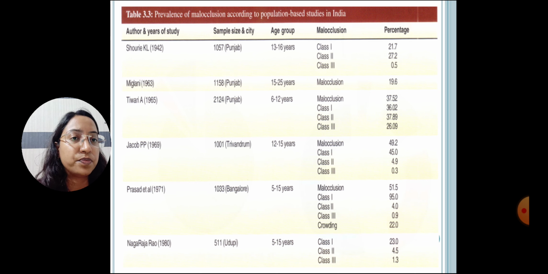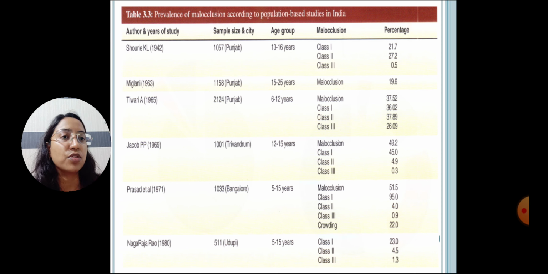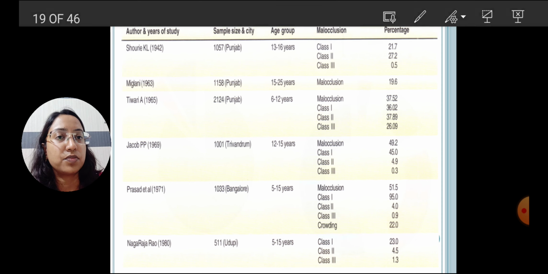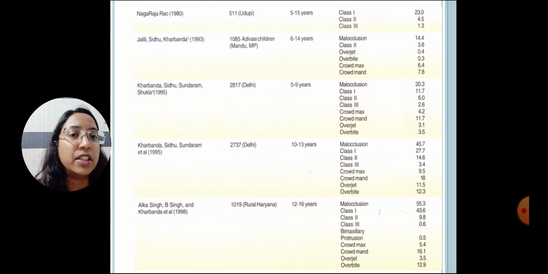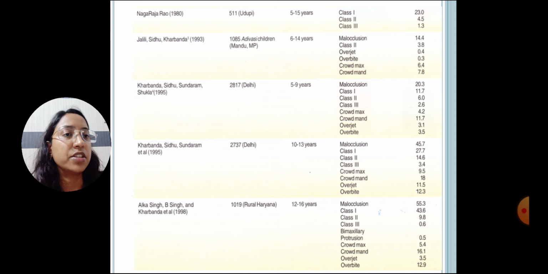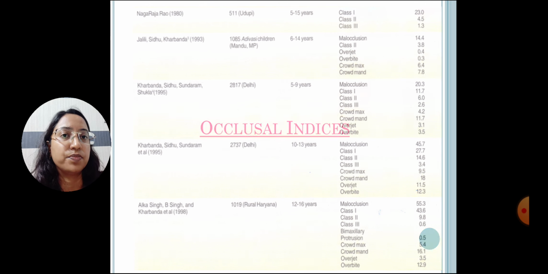But overall, in southern India, class 1 malocclusion was more prevalent, whereas in the Punjab studies, class 2 prevalence was more. The prevalence rates again varied in different North Indian population studies also.